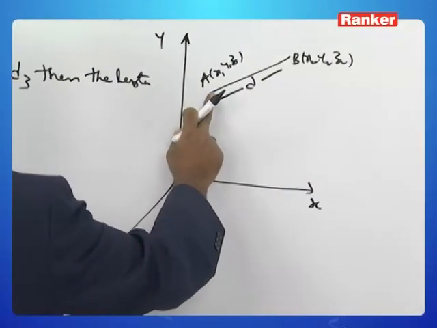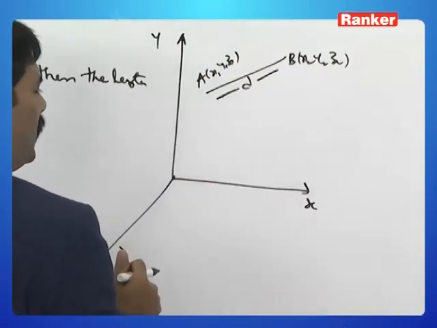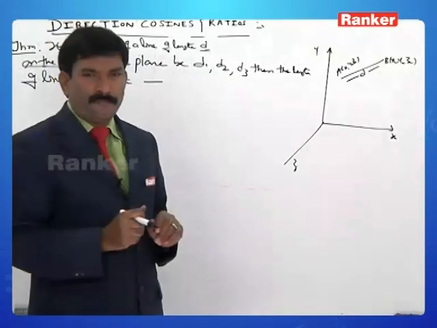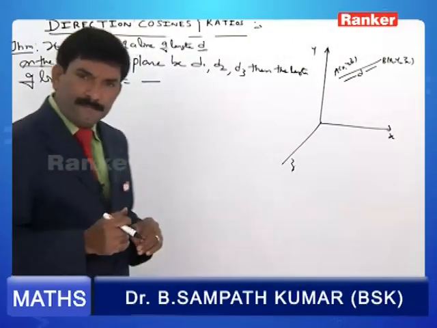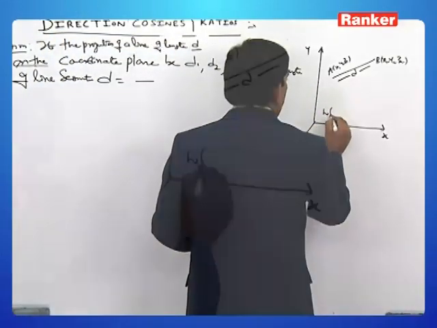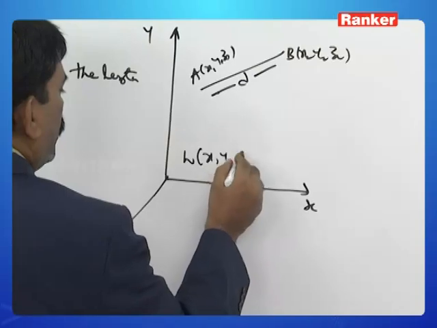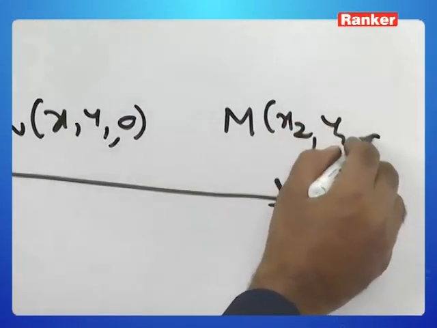Let us consider the projections of A and B on the XY plane; let them be L and M. L is x1, y1, 0 and M is x2, y2, 0.